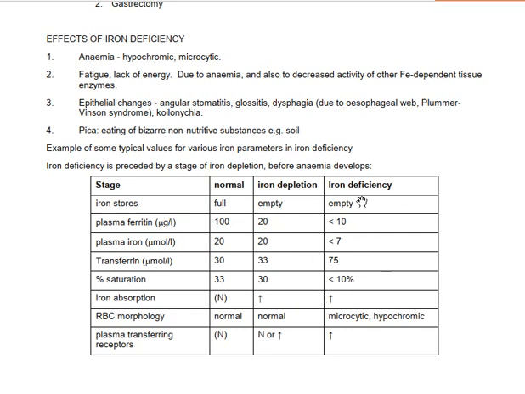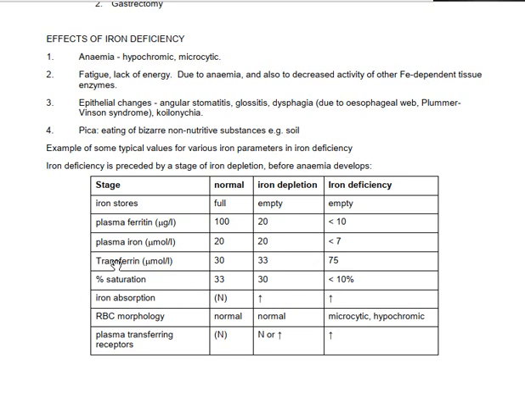The major elements that show iron deficiency are the transferrin level and the percentage saturation. Is it clear? When the percentage saturation is less than 10% and there is a very high level of transferrin, just know that this patient has iron deficiency.